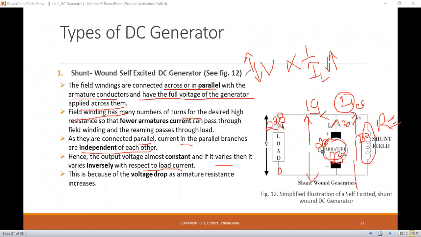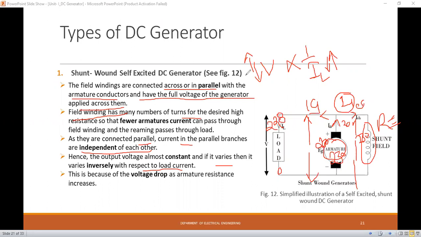So this machine, that is a DC shunt generator, is generally used in constant voltage applications. जिथं constant voltage required आहे, for that constant voltage application we generally use the shunt wound DC machine, because the output voltage is nearly constant.